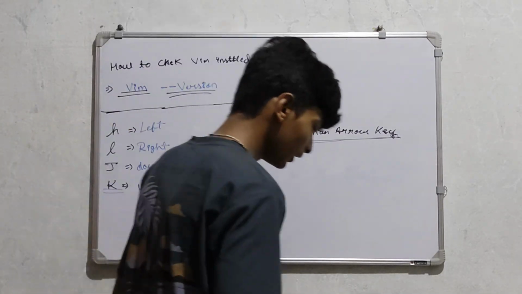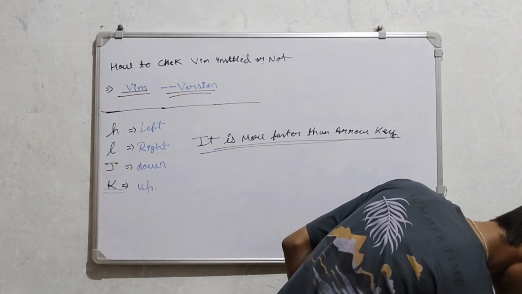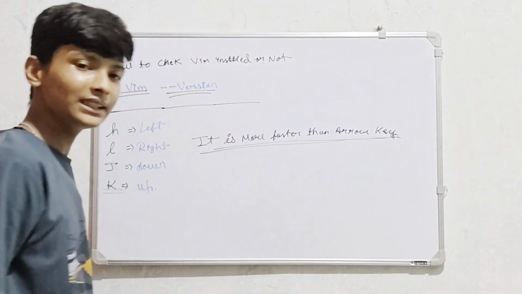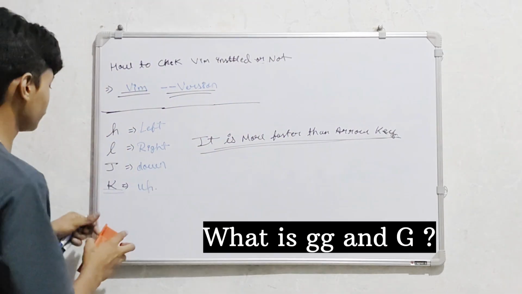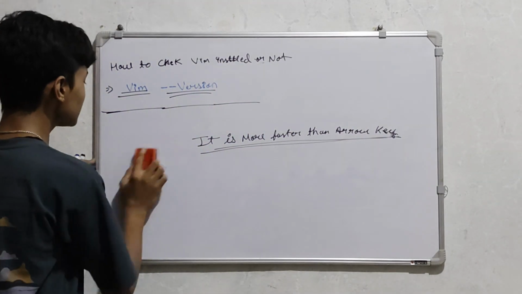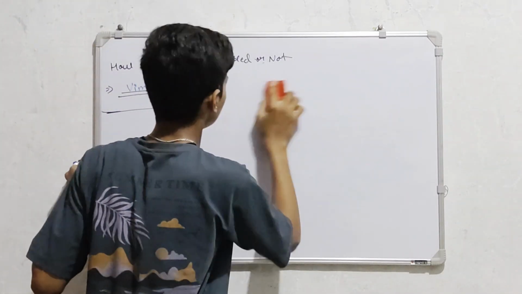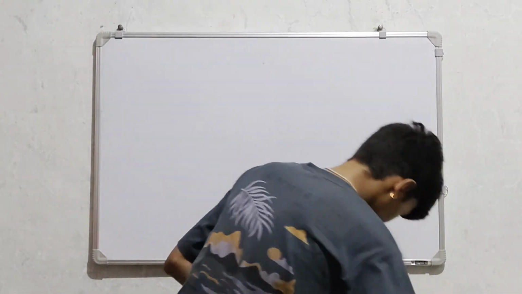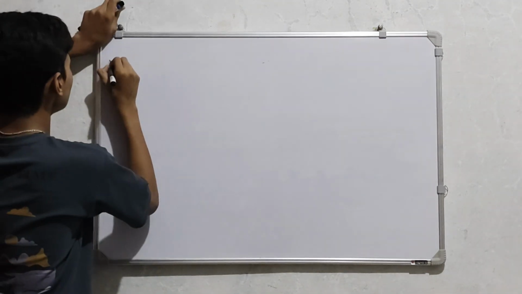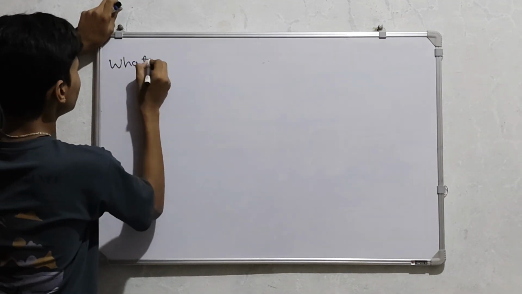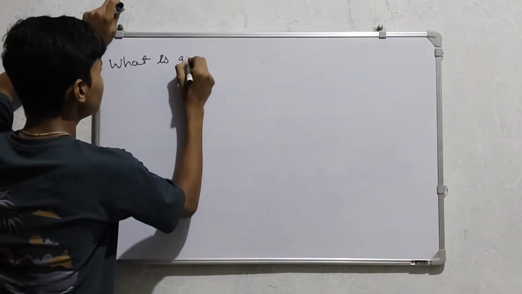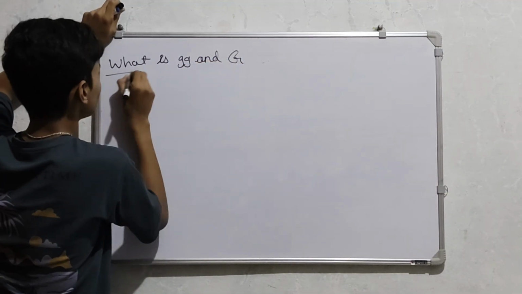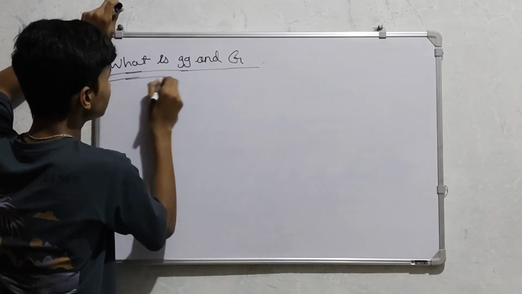Then next and last question is, what is the difference between double G and capital G? It's very simple.